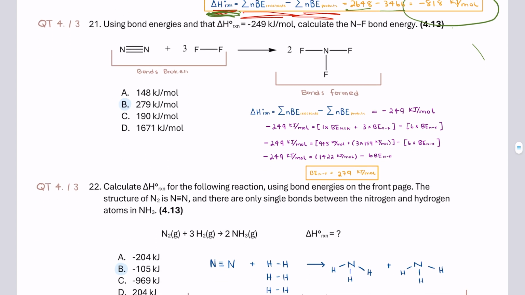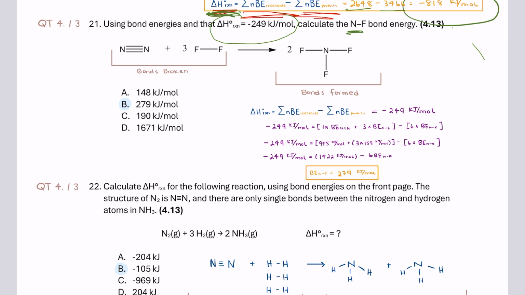Problem 21 says, using bond energies, and that the delta H of the reaction is equal to negative 249 kilojoules per mole, calculate the nitrogen-fluorine bond energy. To find the nitrogen-fluorine bond energy, we're going to use the enthalpy change for the reaction along with the bond energies for the other bonds involved.